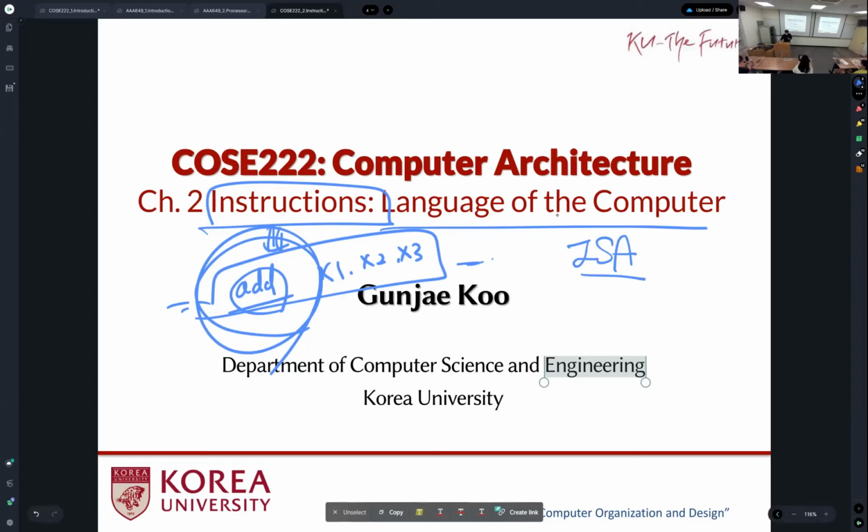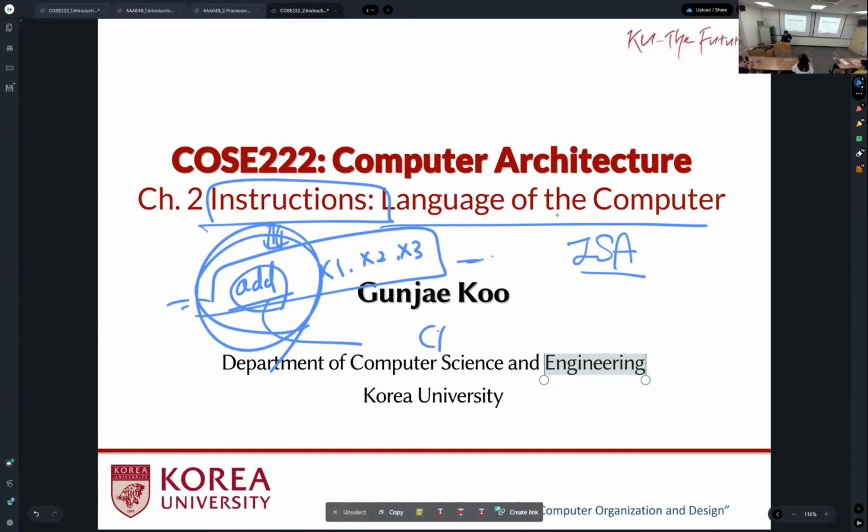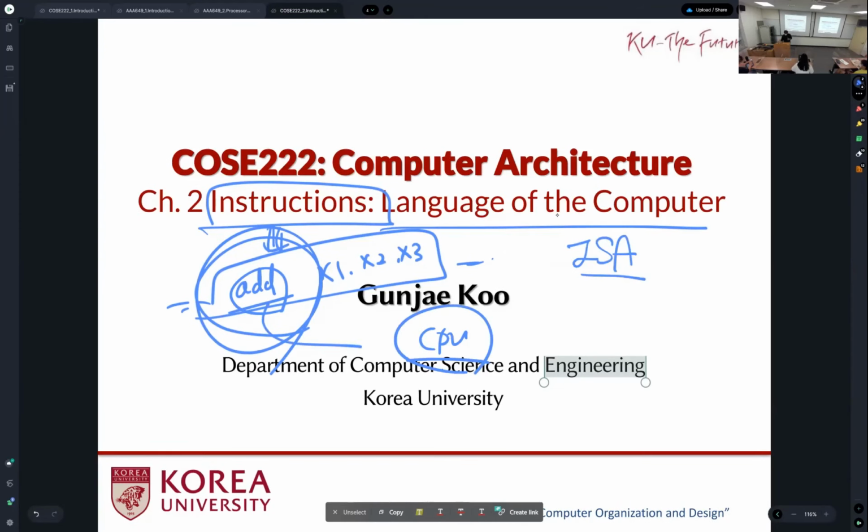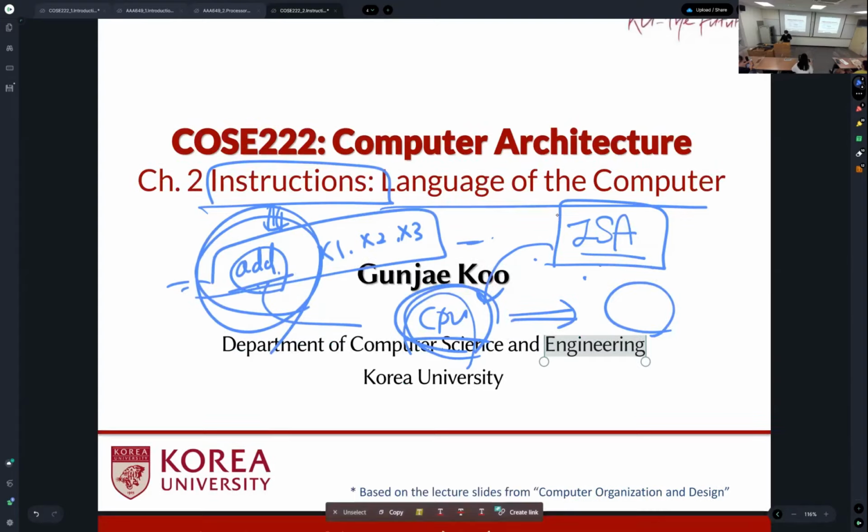When this instruction is given to a CPU, the required behavior and the required result for this instruction are defined in the instruction set architecture. The CPU is designed based on the definitions in the instruction set architecture, so the CPU generates the result. I will explain here.